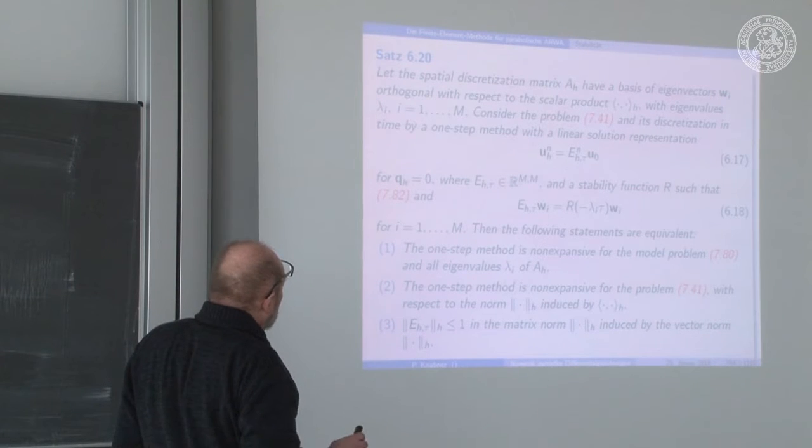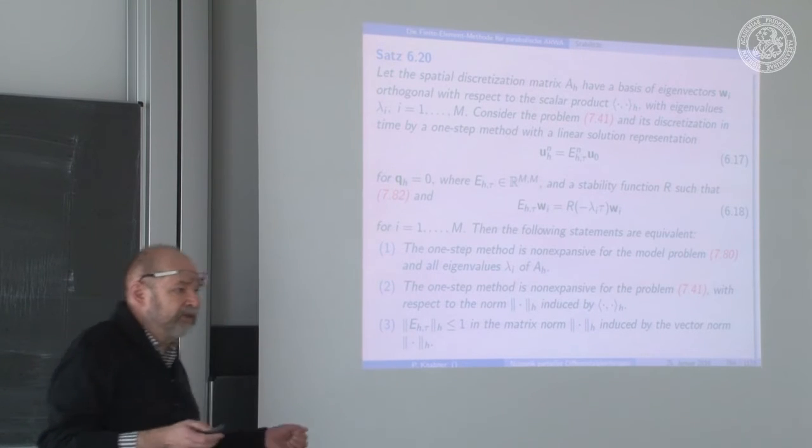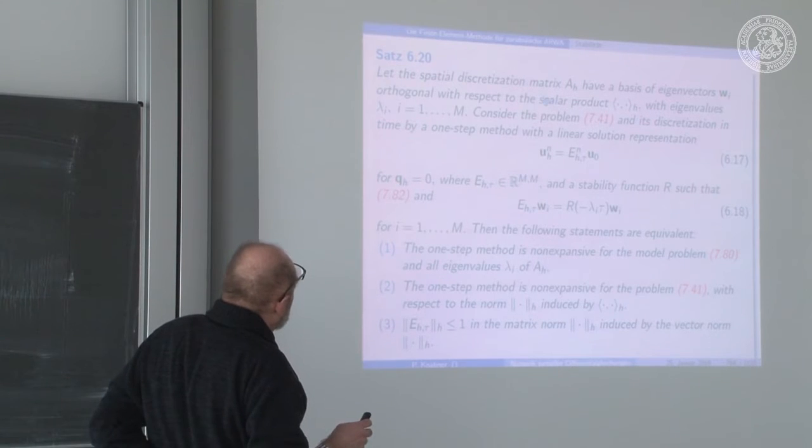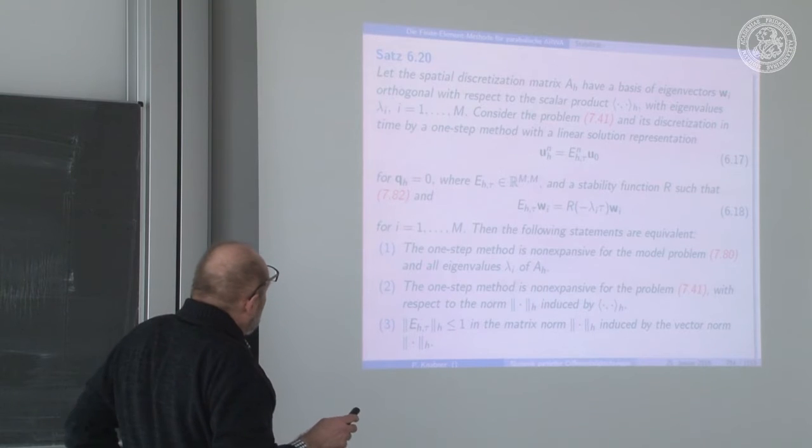What is the situation? We have a spatial discretization, whatever we would like, finite differences, finite elements, whatsoever. This leads us to a discretization matrix, and we still have the assumption of a basis of eigenvectors. The eigenvectors are denoted by w_i, and the eigenvalues still by lambda_i.